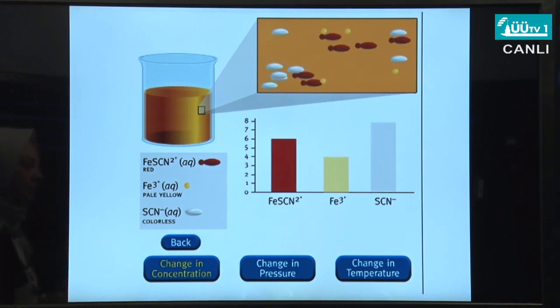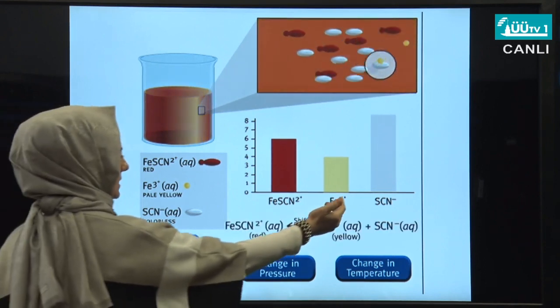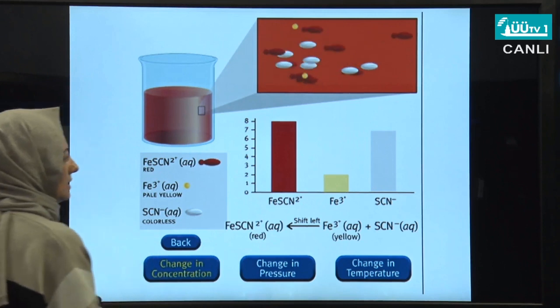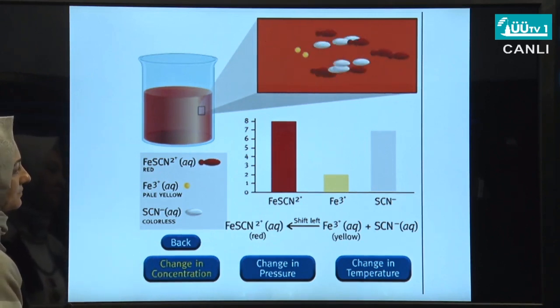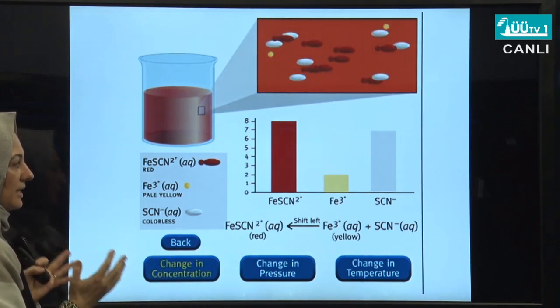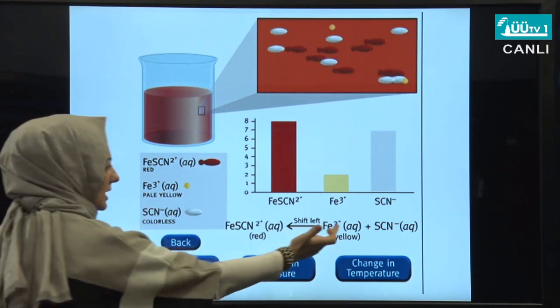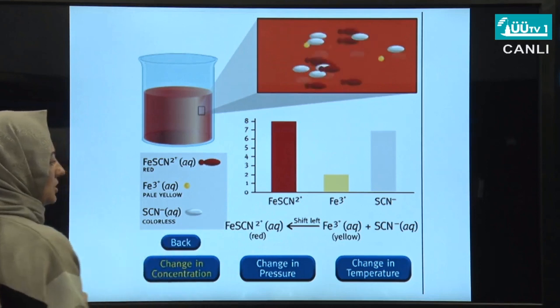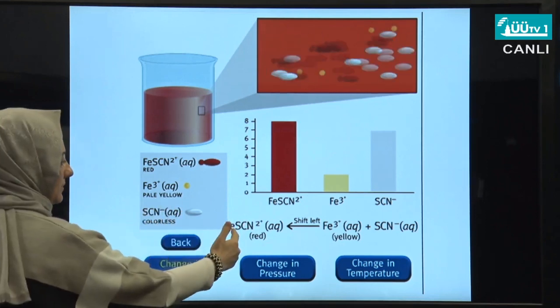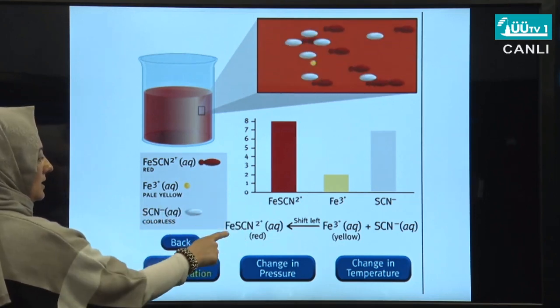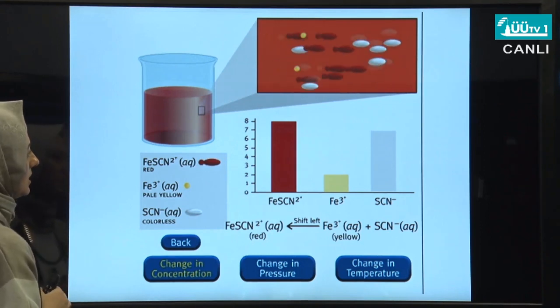First, adding more thiocyanate. You see that the thiocyanate ion concentration has increased. Now, the system will react in such a way that it will try to consume this added thiocyanate. That's why the equilibrium will shift to the left, where you are now producing more iron thiocyanate.